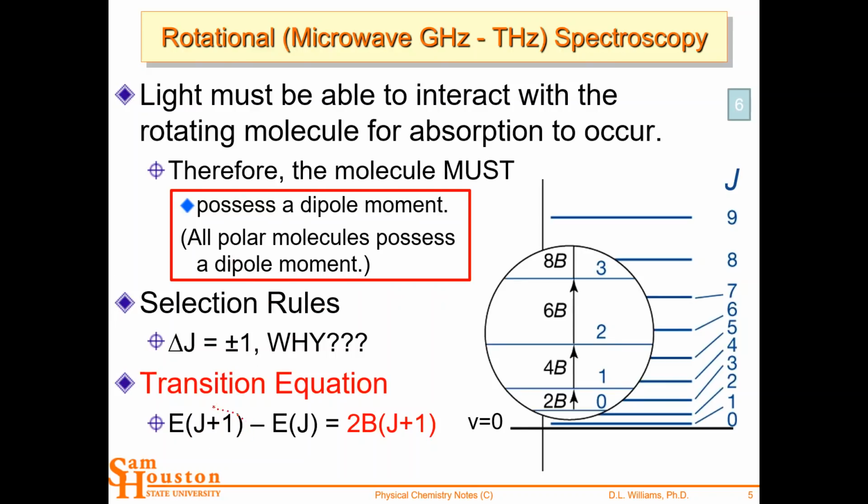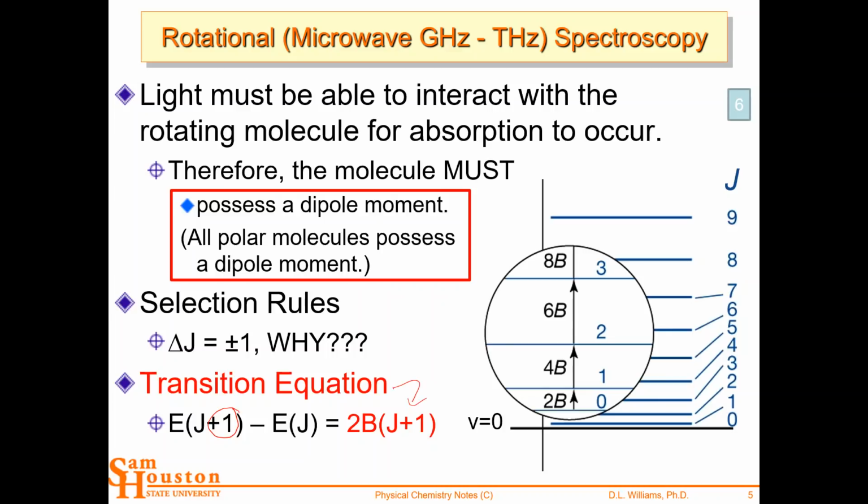So if it's plus or minus 1, then we can solve for the transition equation. So J plus 1 minus J. You set up the energy equation with J plus 1 everywhere there's a J, and then you subtract the energy equation unchanged. And the result of that is 2B times J plus 1. So this is the transition equation. You see it's in red. It matches that word. Transition equation is right there.